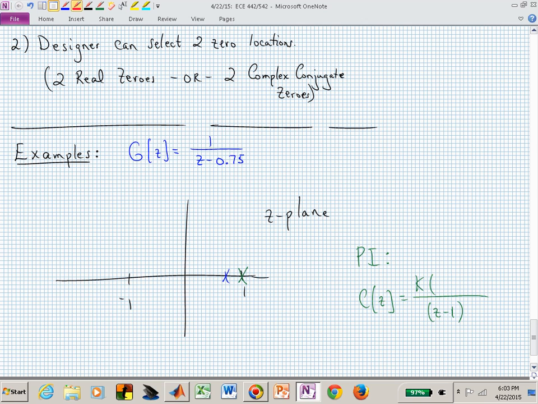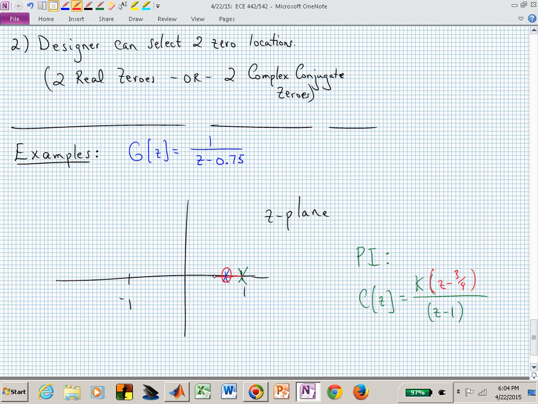0.75. If you simply put a 0 right there, now in your combination of C and G, that stable pole 0 cancellation allows things to be pretty trivial, so that the root locus looks like it did before.